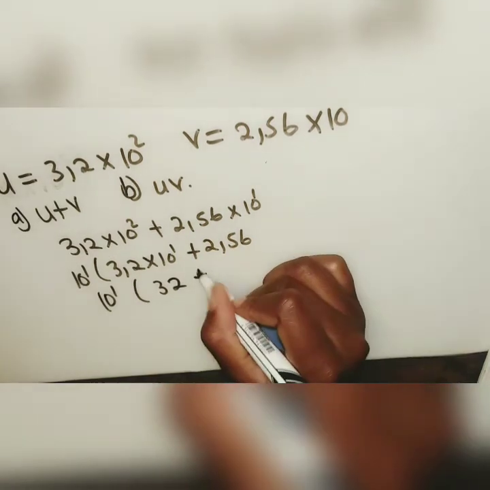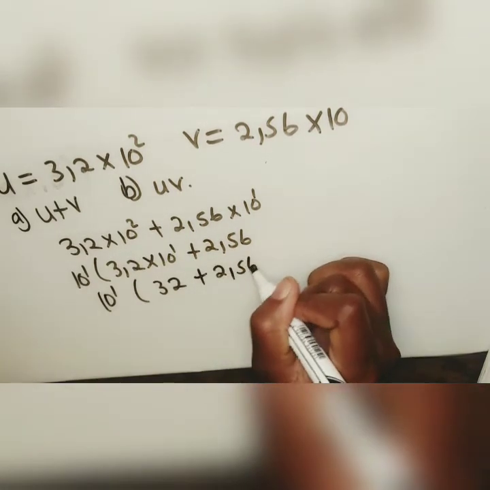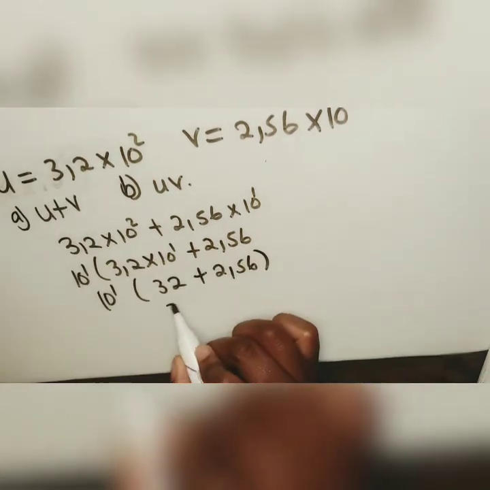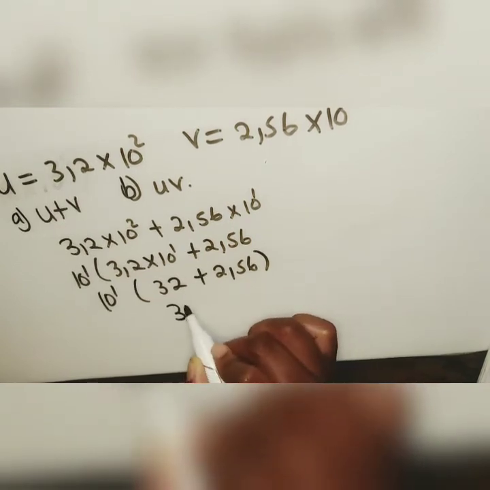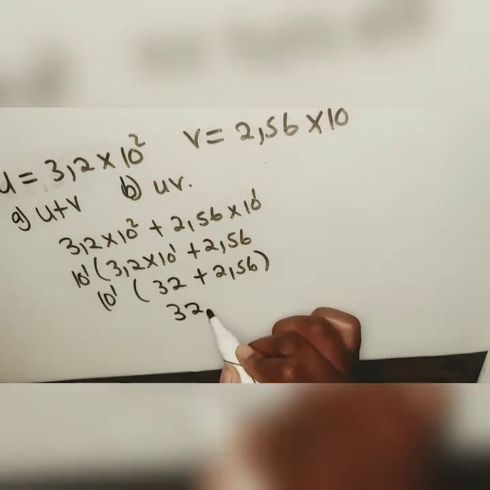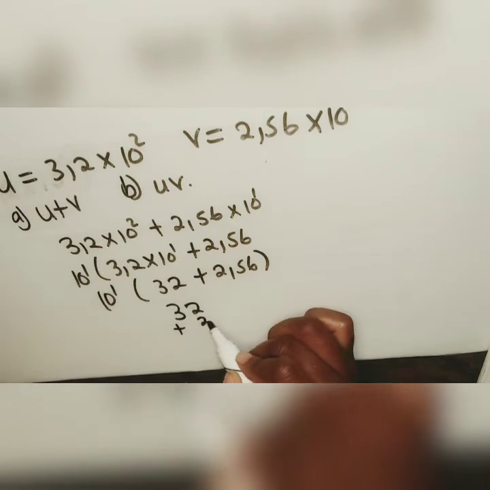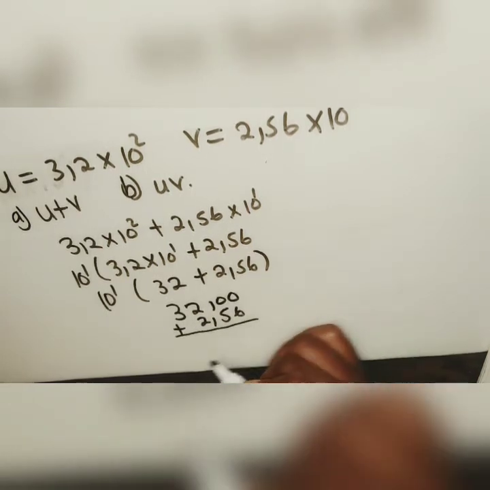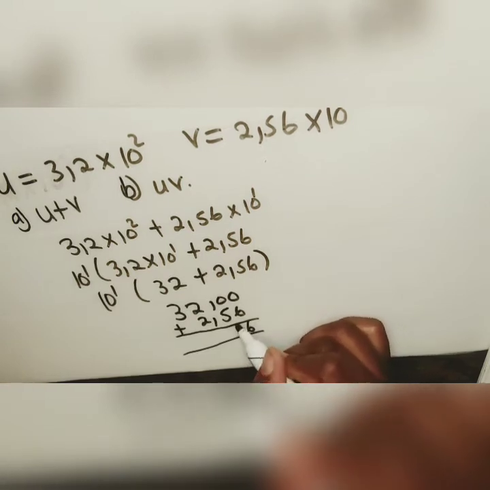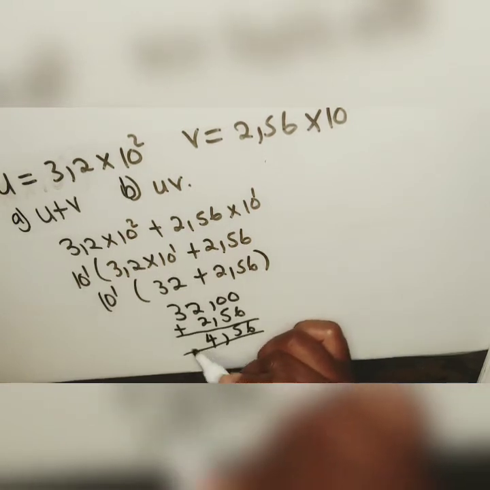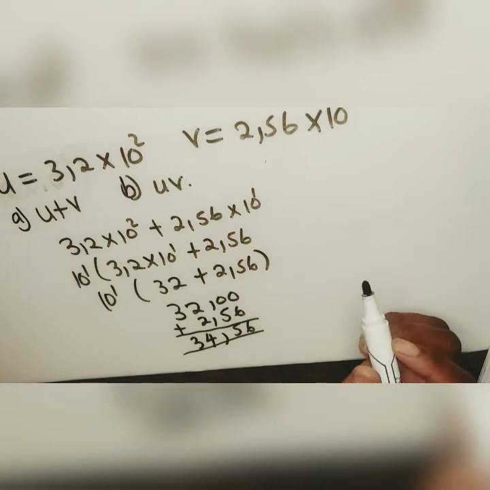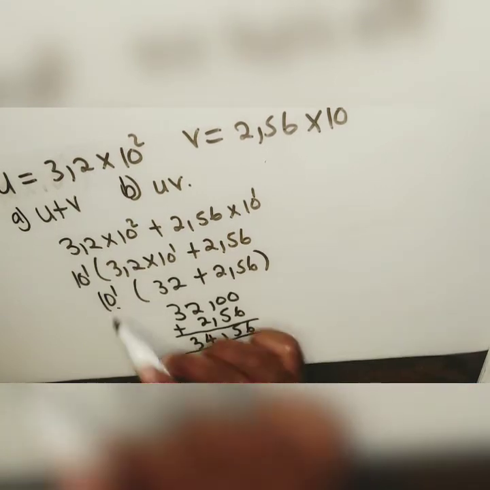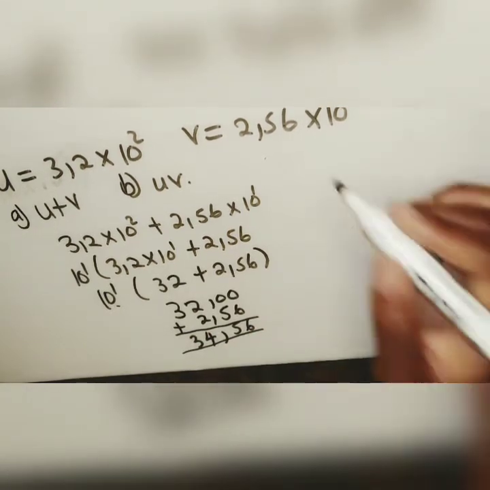So 32 plus 2,56. This is the same as 32,00, giving us a 6, a 5, a 4. So that's 34.56. But we are not forgetting our 10 to the power 1 that we factored out, right?